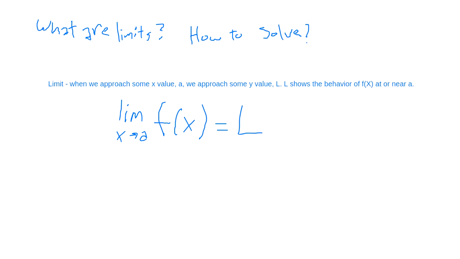So let's look at some ways that we can start solving for our limits. The first thing we can do is use tables. Once again, we're looking at the behavior as x approaches a and not necessarily at x equals a.